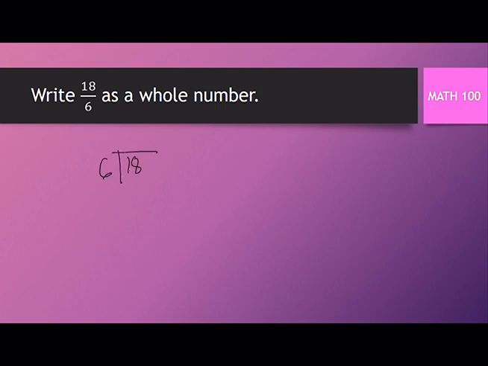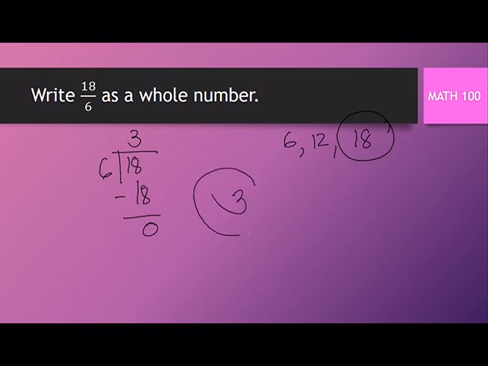This is now equal to 3 because once you do your multiples, we have 6, 12, and then 18. That's the third one. So this is now equal to 18 minus those two 18s, that will be equal to 0. So our whole number is simply the answer, which is 3.